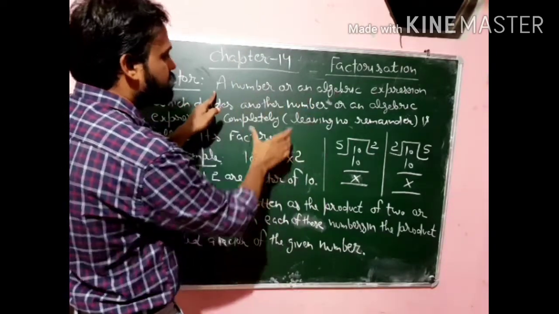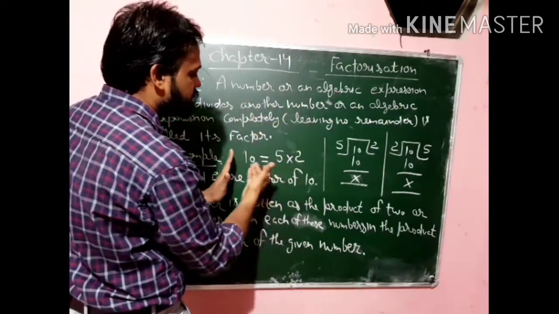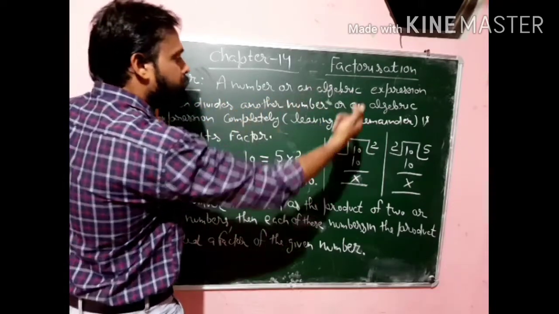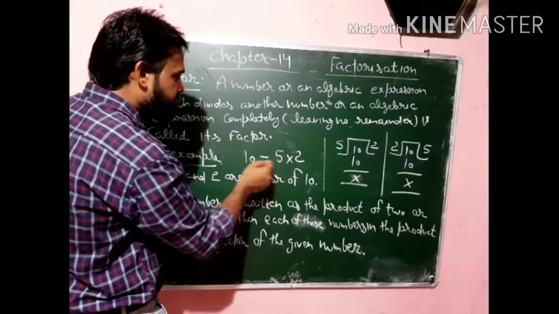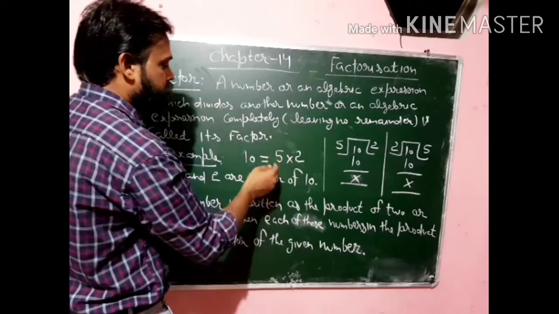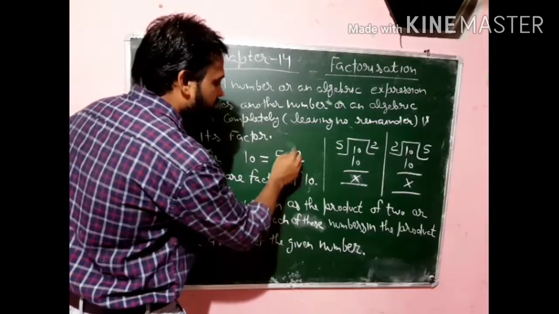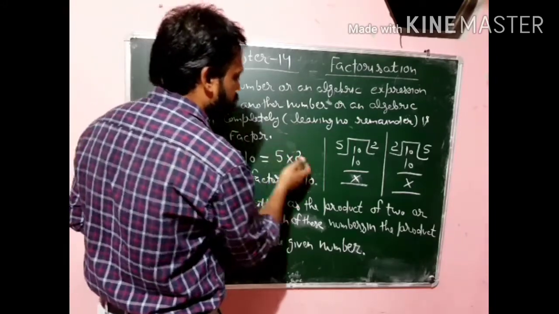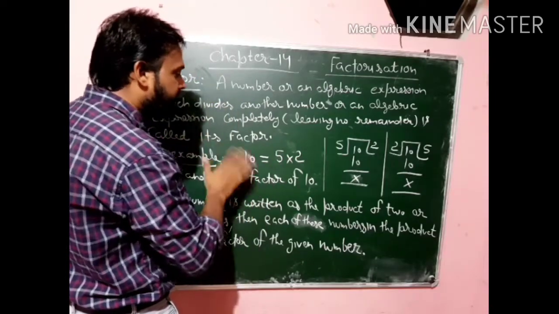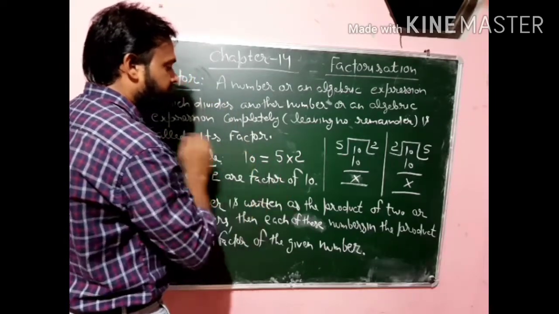So basically the definition is about a number. As I had taken the example of the number, a number which divides another number completely, this number can be 5, it can be 2. So a number which can divide this 10 completely will be the factor of 10.